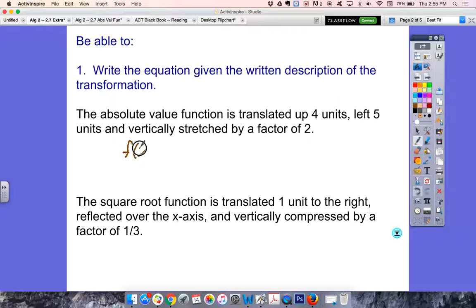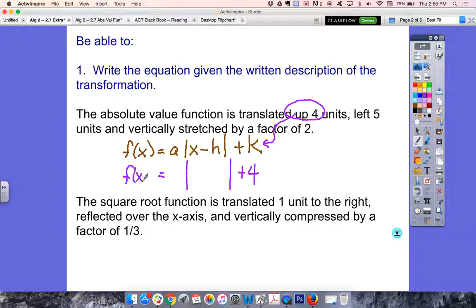Now, if you'll think of what that function looks like, remember if we were just going to set it up with the generic look, that's the generic look. Okay, so when we say up 4, that's the K part, and that's going to be exactly what you think. Up and down is logical, and it's straightforward, nothing weird.